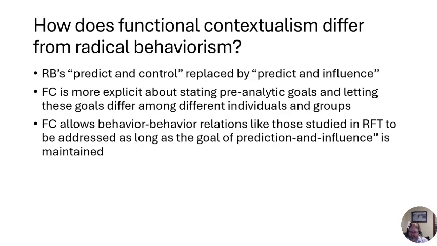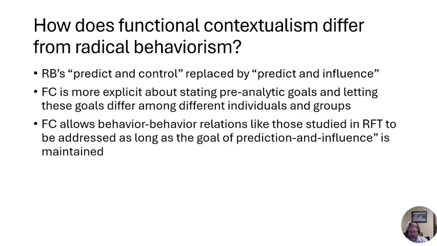A couple of reasons for the change. Sometimes control sounds like it's limited, like just close it down. But we're open to the idea of behavioral variability. We're not trying to limit or necessarily have consistent behavior. Variability might be really important, and we want to be able to show prediction and influence towards variability.